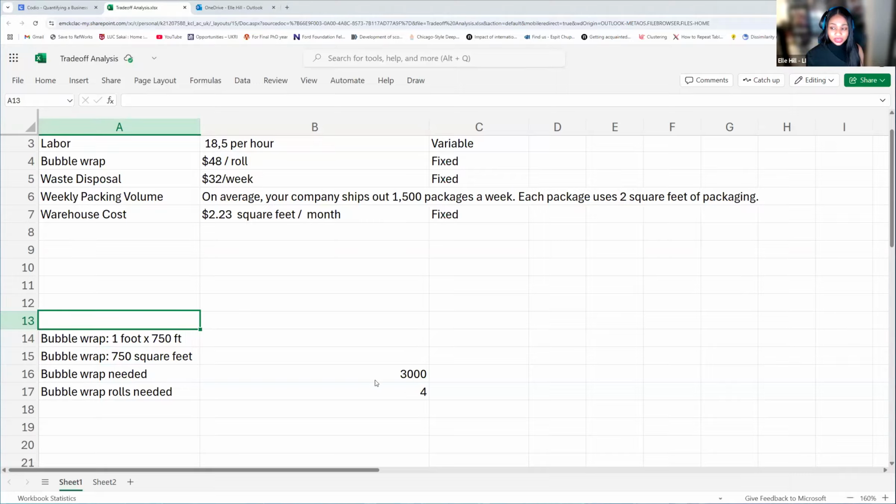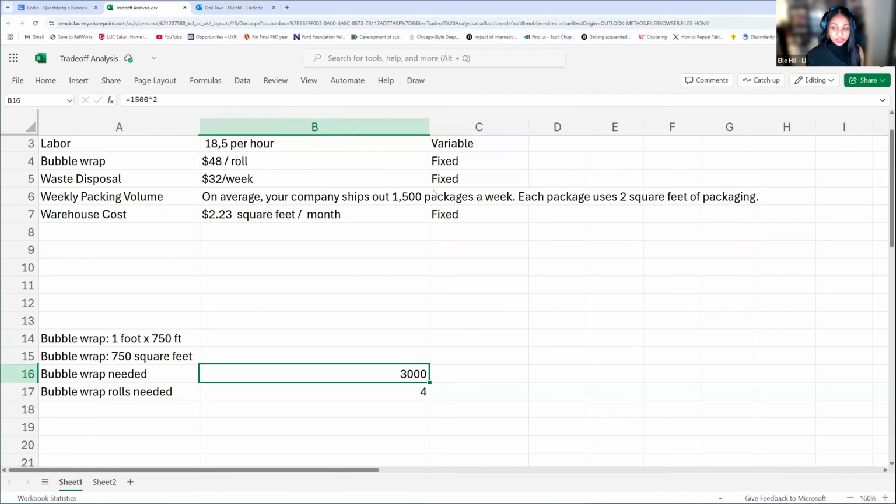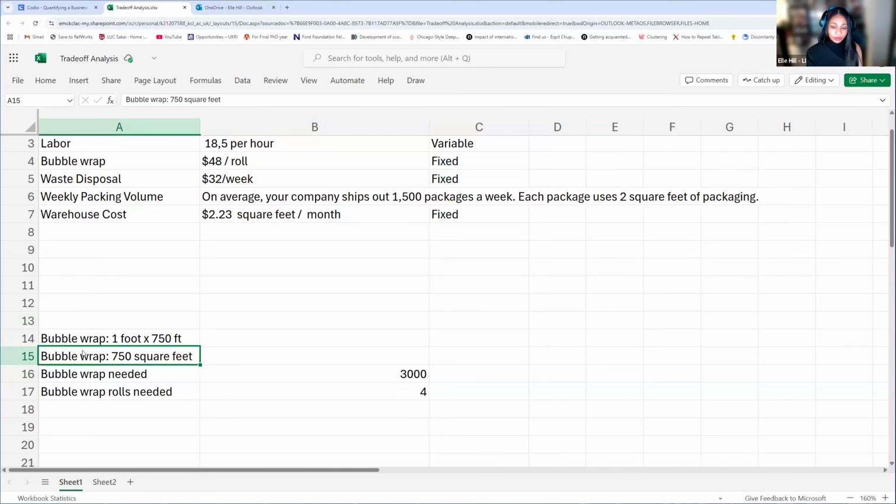So that's how we got this 3,000, from 1,500 packages, because every single individual package needs 2 square feet. That's where the 3,000 square feet comes from. Then we figured out that one roll of bubble wrap is going to be 750 square feet. To figure out the square footage of this, we know our bubble wrap is 1 foot by 750.